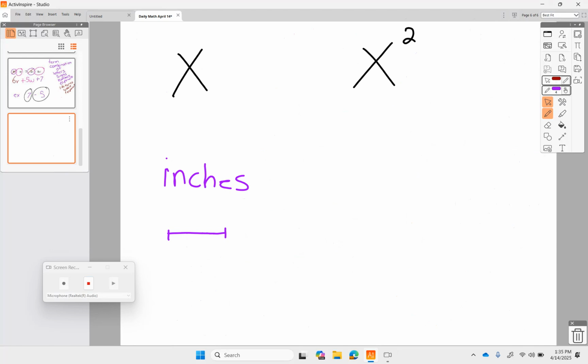When we find the area of something, we measure it in square inches, which look like that. Is that the same as that? No. That's why I want you to understand that x and x squared are not the same thing.